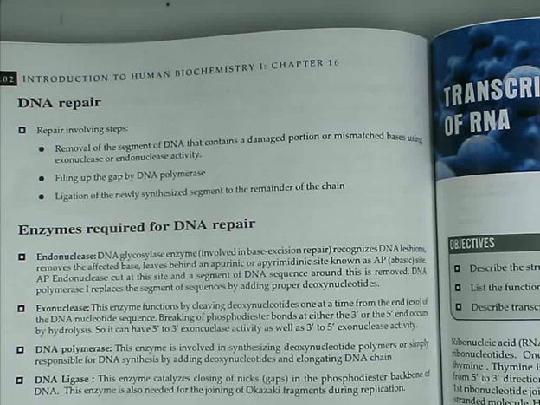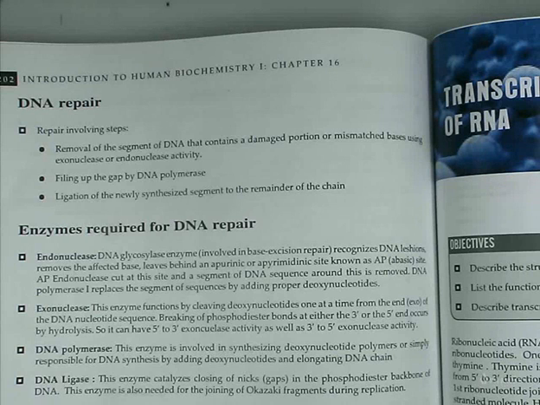But DNA repairs. There's ways to fix it if there are problems of misreading nucleotides or what have you. So what happens is it can remove the segment of DNA that has the damaged portion or the mismatched bases, with exonuclease or endonuclease activity. I don't think you'll need to know those, so don't really worry about those enzymes.